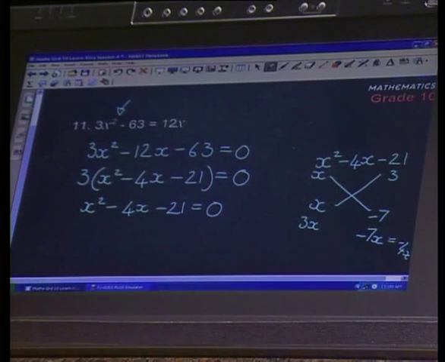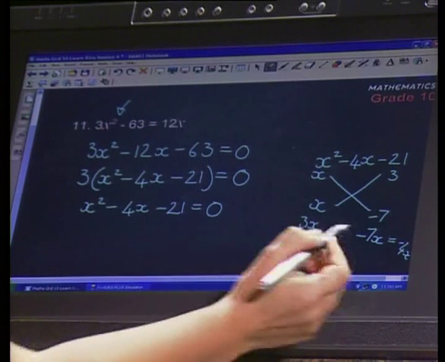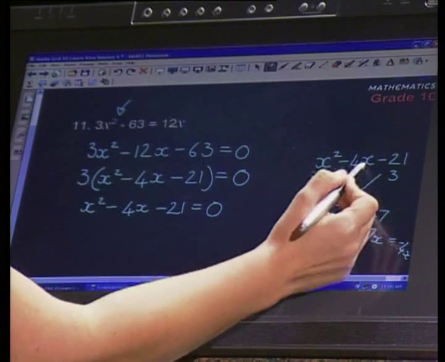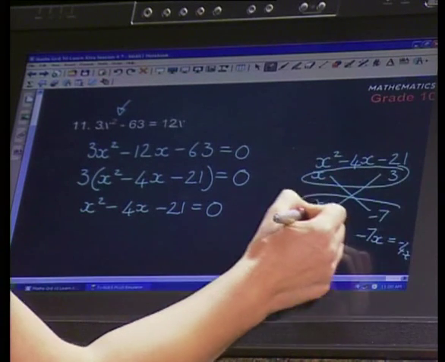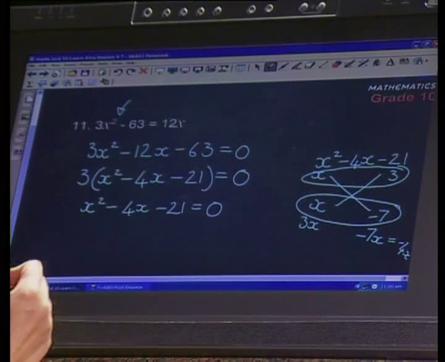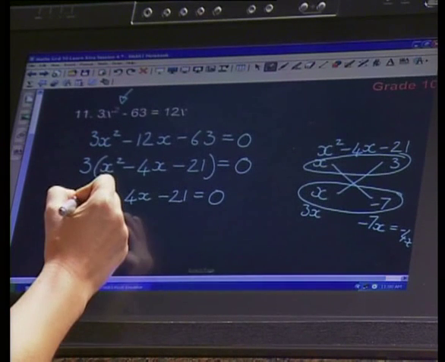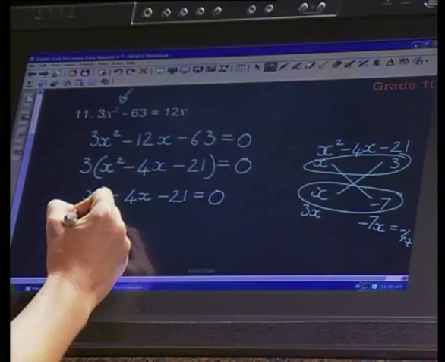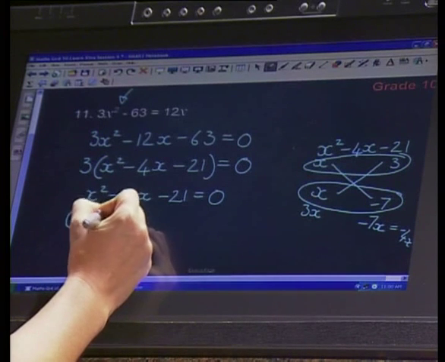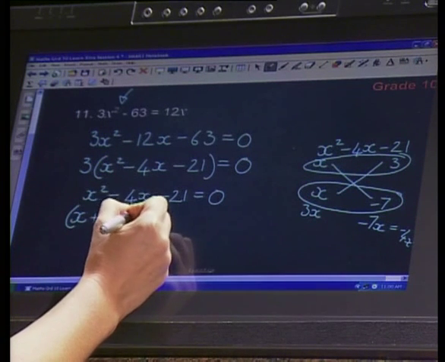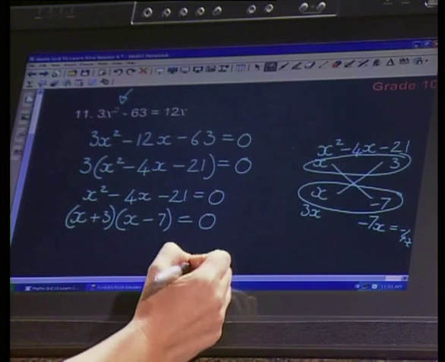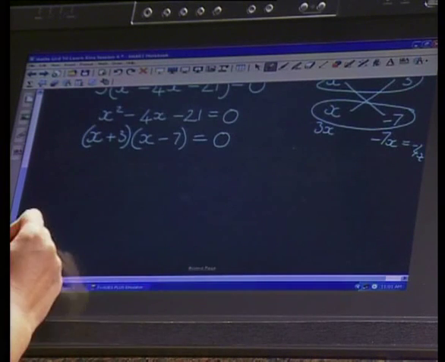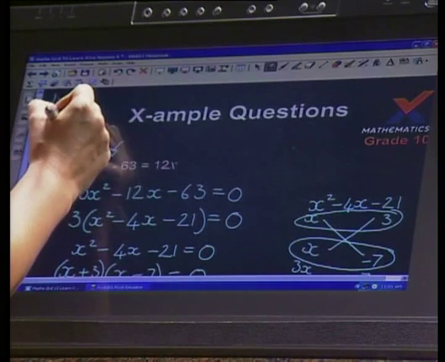Just squeeze it in over there. There it is. And minus 4x is the same as the middle term, which means our two brackets are going to be x plus 3 and x minus 7. So (x plus 3)(x minus 7) is equal to 0. So we have finished step 2, which was to factorize.